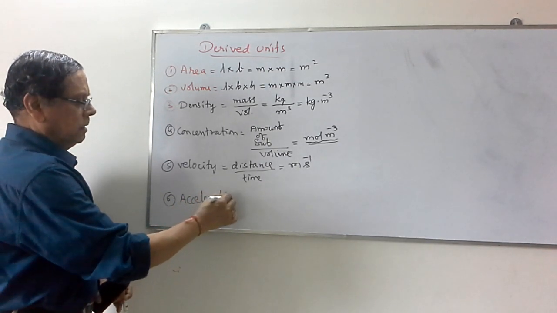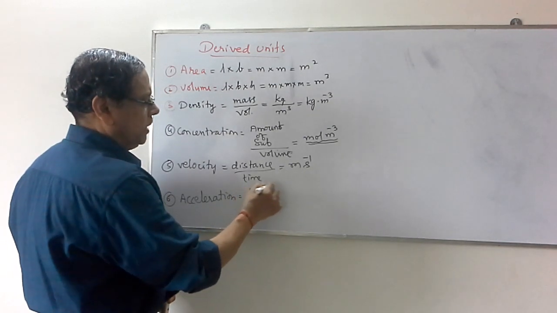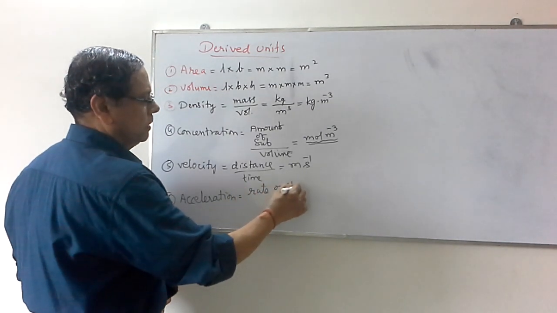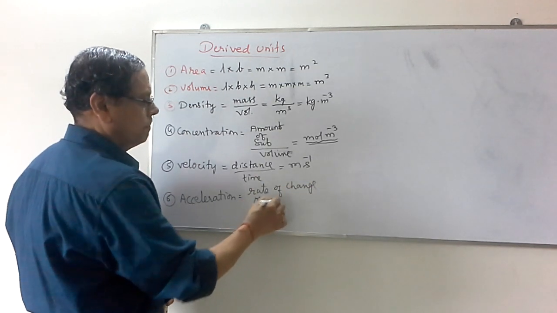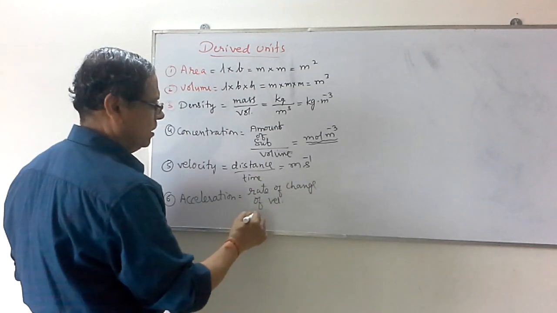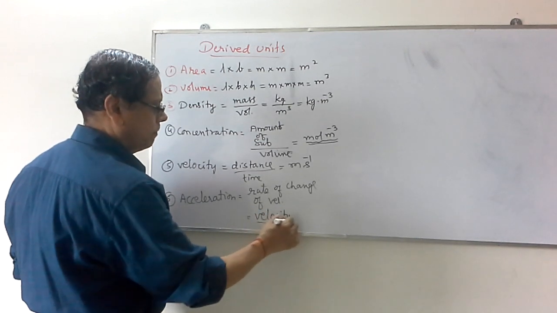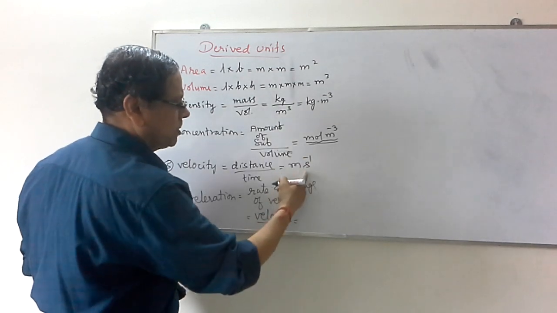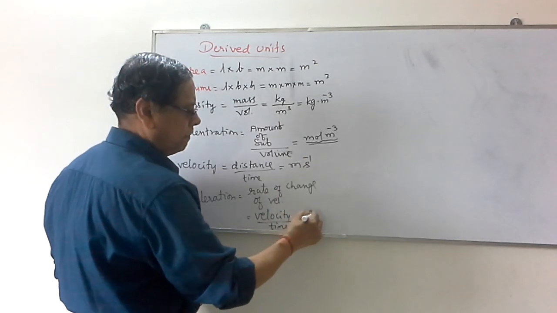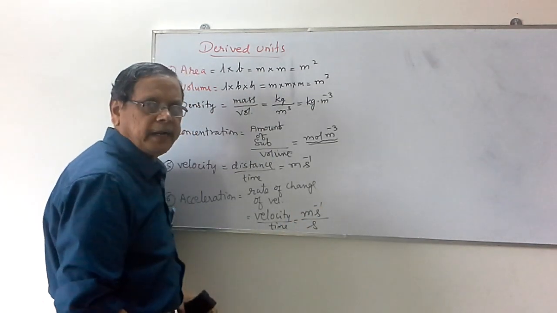Acceleration is expressed in terms of rate of change of velocity. Or we can write this as velocity by time. Velocity is expressed in terms of meter per second and divided by time, second.